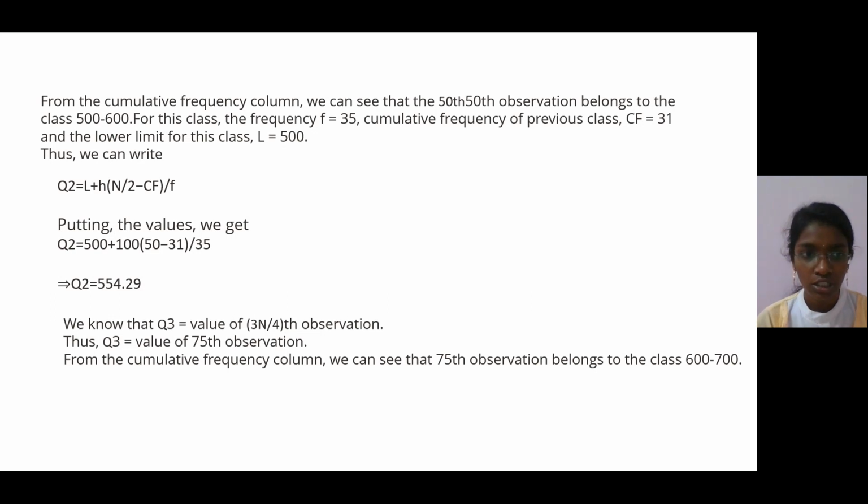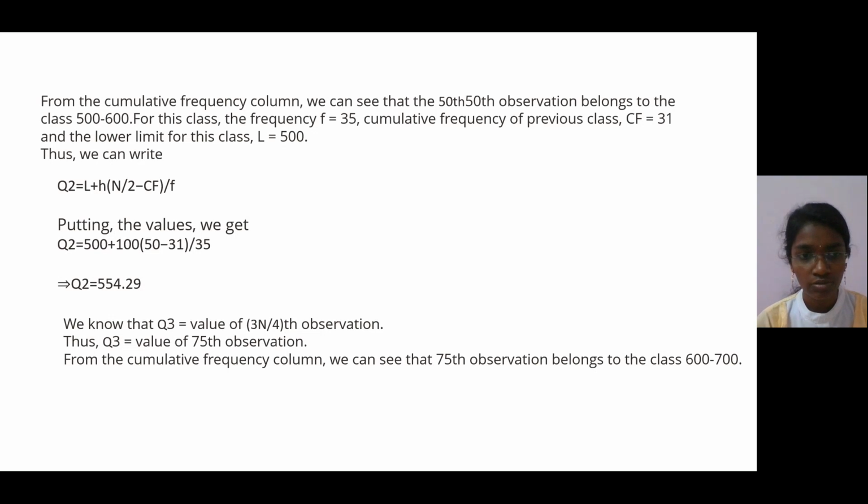The formula is Q2 equals L plus h of n by 2 minus CF, whole divided by f. Putting in L 500, h 100, n by 2 is 50, cumulative frequency 31 and frequency 35, by calculating we get Q2 equal to 554.29.